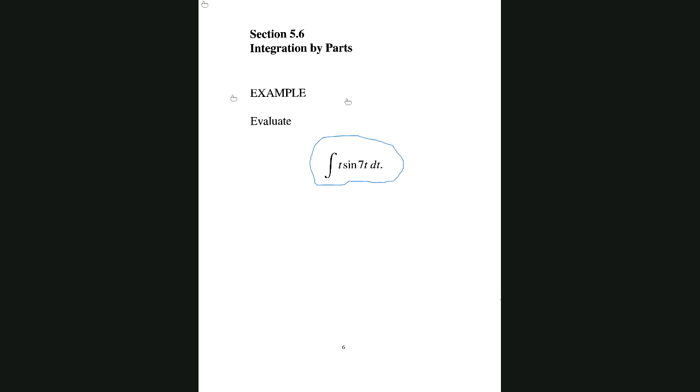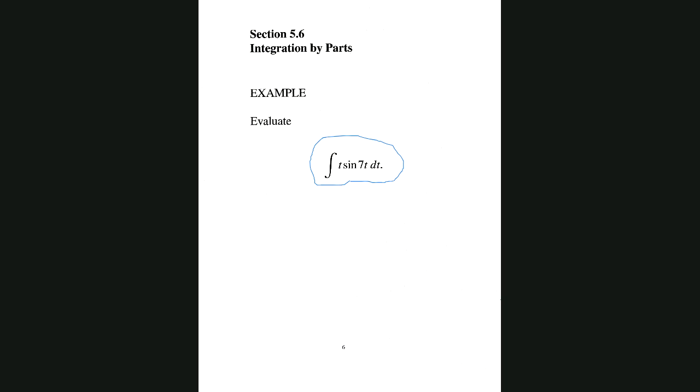So could we use a substitution on this? Well, Sergio, the integration by parts is based on the product rule.